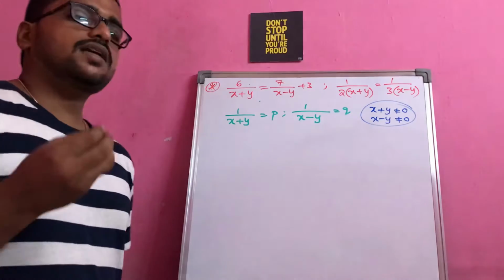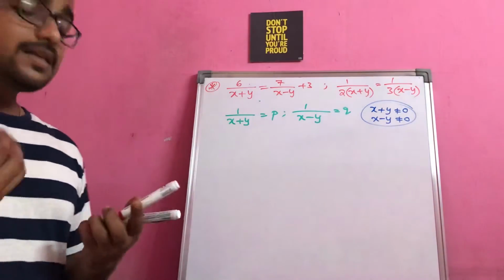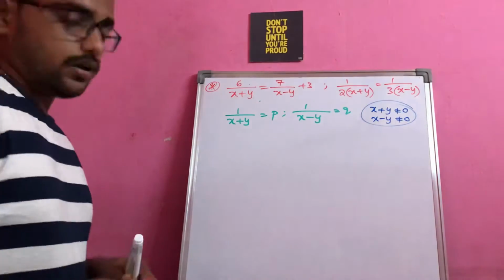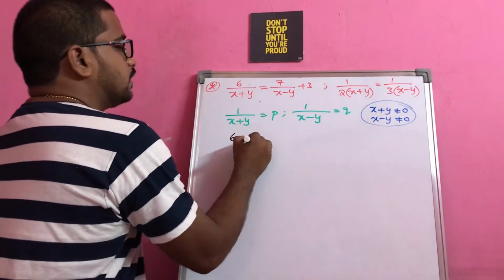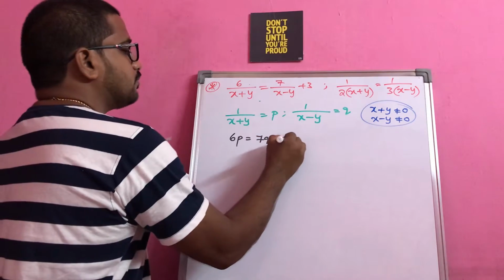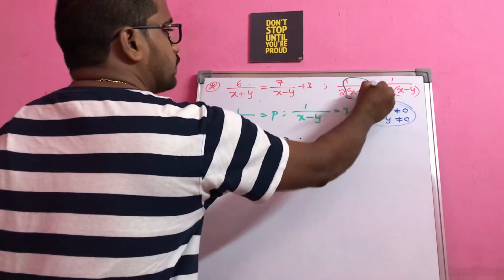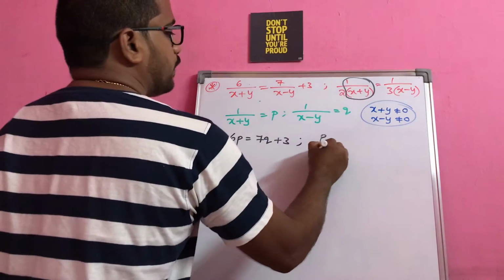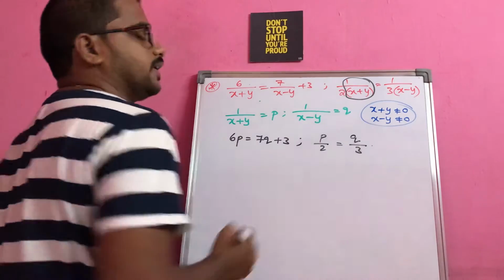So this is another reason what made me go for this type of substitution. But once I substitute these things, what will happen now? I will be getting 6p is equal to 7q plus 3. This is the first equation, and this 1 by x plus y only we replace as p, so p by 2. 1 by x minus y is q, so it is q by 3.